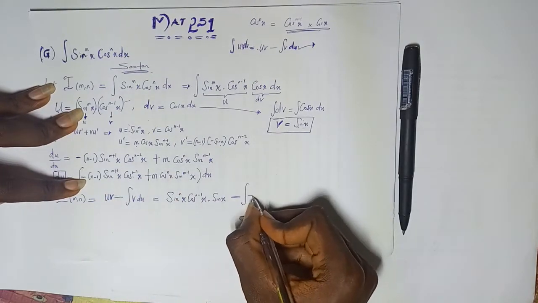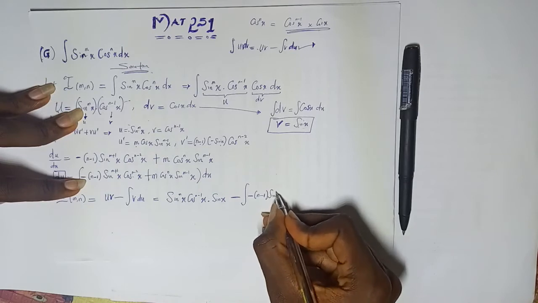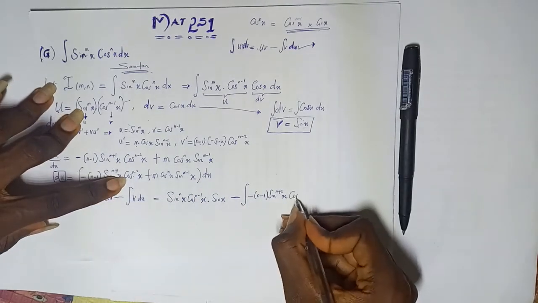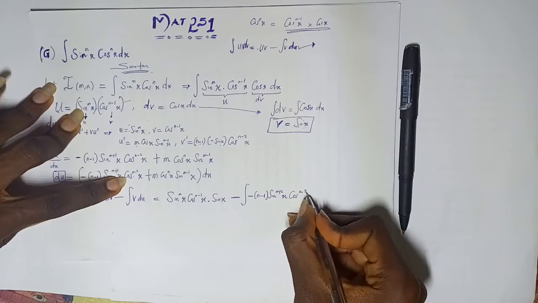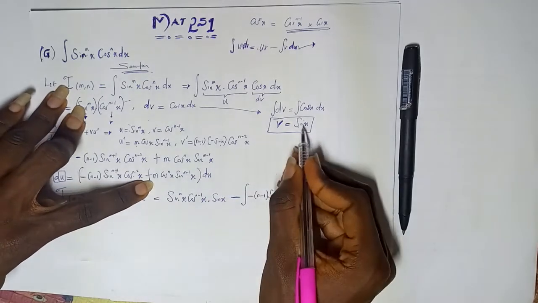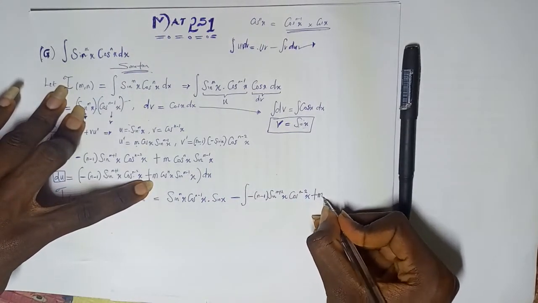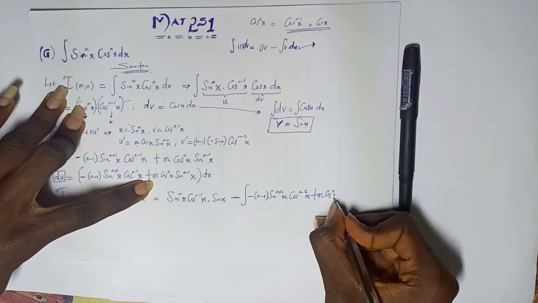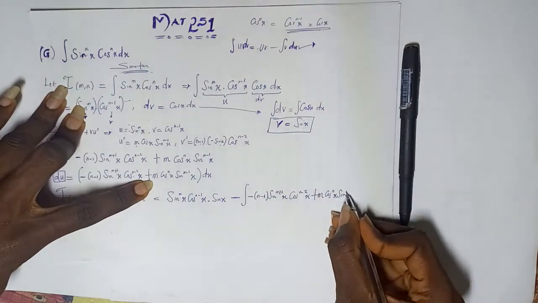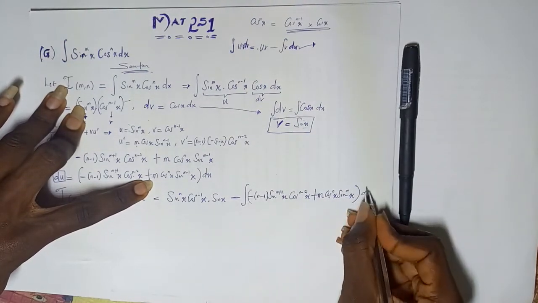So I'll end up having negative of (n minus 1) sine n plus 2, I hope you agree with that, then with this cos n minus 2 of x. And if this term multiplies this sine x, I will end up having plus m cos nx sine, minus 1 plus 1, that is just mx. Then all into dx.